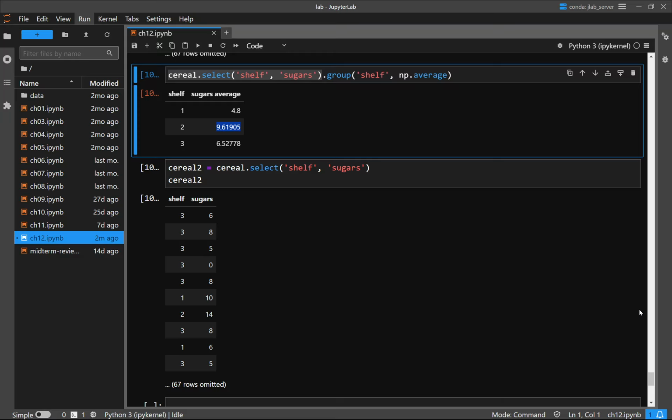Because those are the new ones. Pick out those shelf 2s and get the averages with a group, right? Because if you do that kind of grouping like we did there, you could go to what? How would you get that value? It would be column one's item one. That would give you what you need.